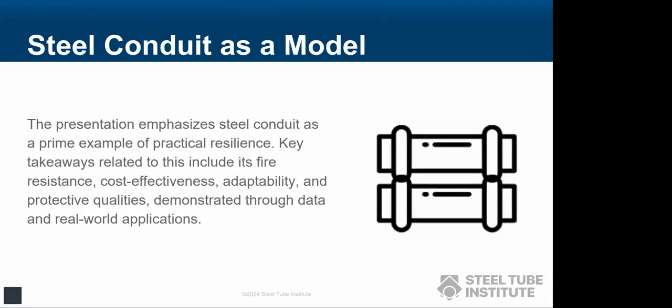Again, steel conduit is an exemplary model of practical resilience due to all of the features that I won't belabor any further. But these characteristics collectively make a product like steel conduit an ideal and robust solution for resilient infrastructure projects. And we need to be looking for these types of products out in the marketplace.